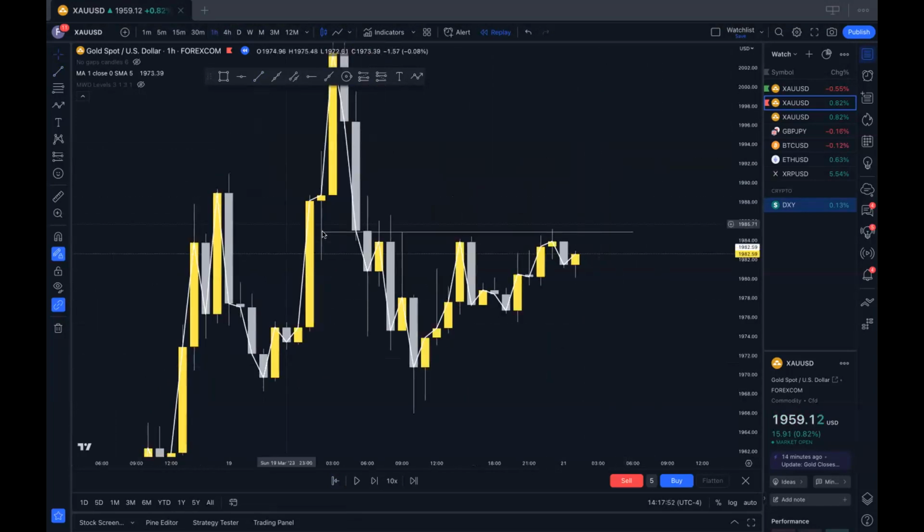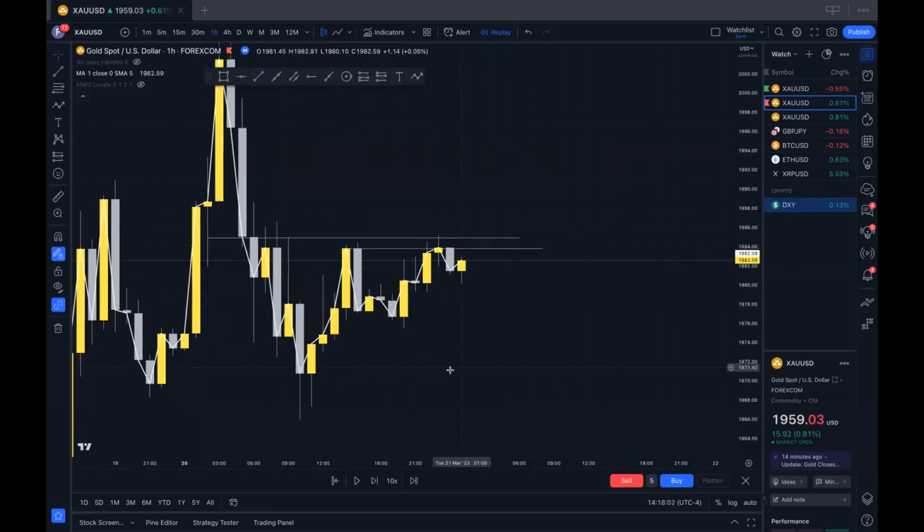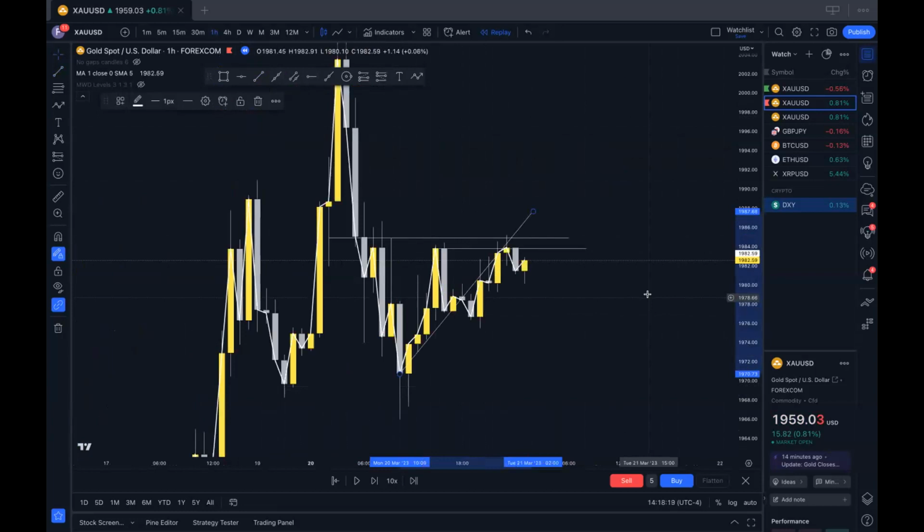All right. This 4 hour level is also lining up with this one. You can see the rejection happening, right? And what else do you see? You have a trend line already happening for you. Let's see if there are any other trend lines.